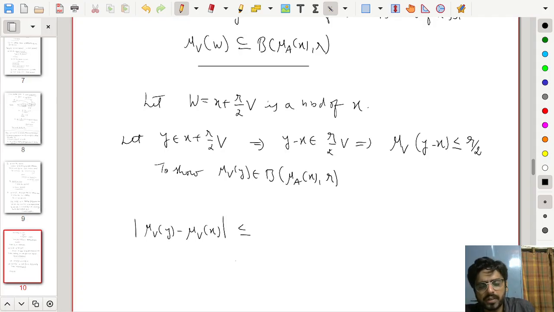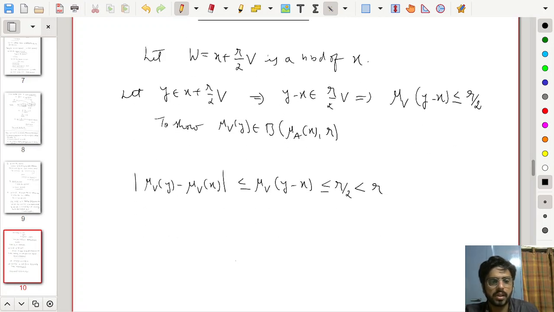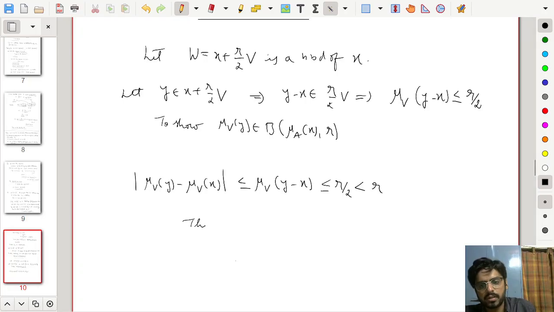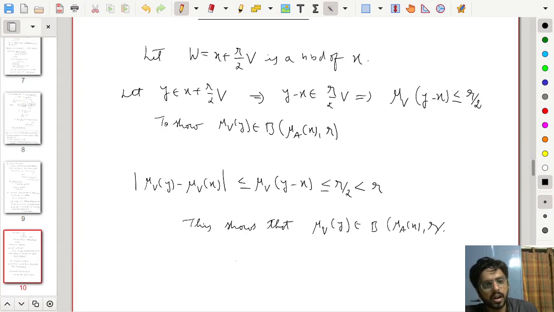This, by the property of seminorms, is less than or equal to mu V of y minus x, and this is less than or equal to r by 2, which is strictly less than r. So this shows that mu V of y belongs to the ball around mu V of x of radius r.